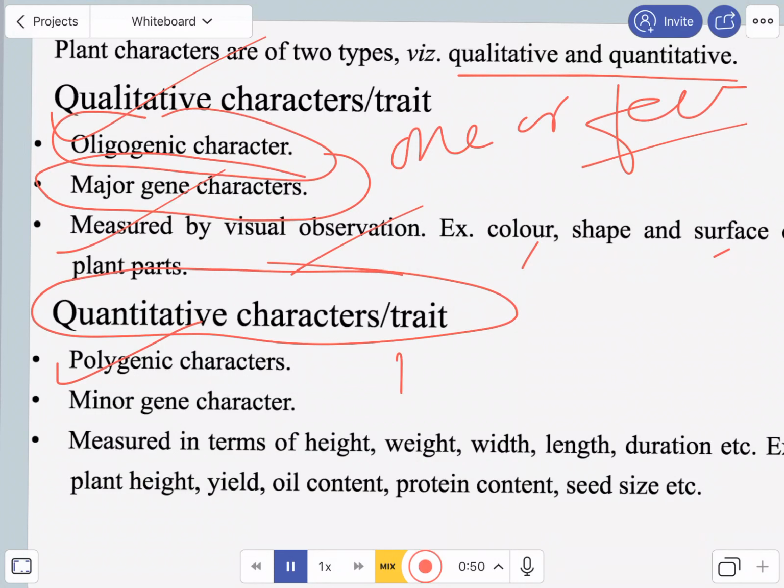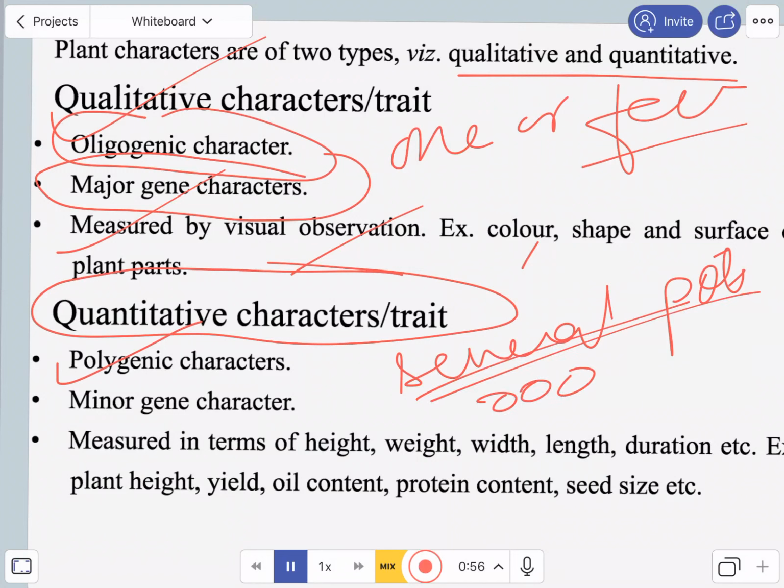Poly means several genes, and these are several minor genes, measured in terms of height, weight, width, length, duration, etc. Under quantitative traits, plant height, plant yield, oil content, and protein content are included.